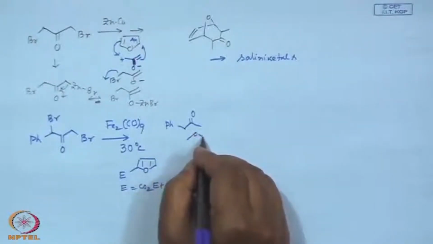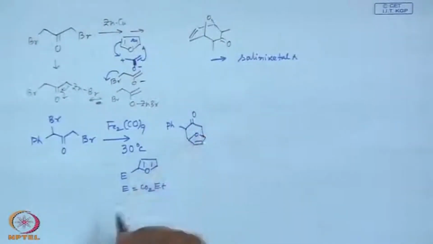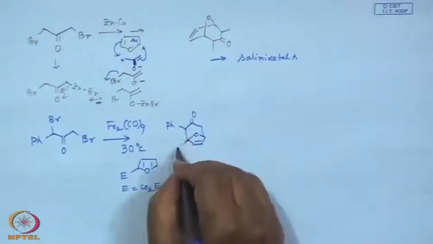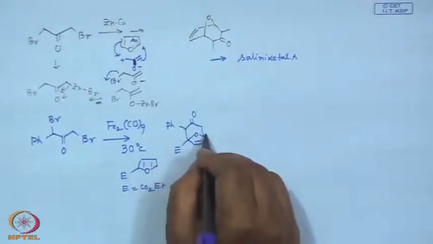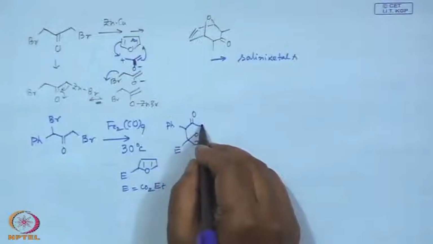And so, furan here, the double bond now moves, and these furan ends are connected to these acetone alpha prime ends, and in this case you have to sit down and work out that the alpha position of the phenyl gets the positive character and the other part gets the negative character.